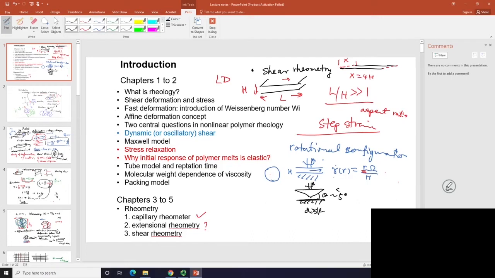It could be the other way around. The cone is fixed, the disk rotating. It doesn't matter. So this all achieves a shear, and this gives you a shear rate which is proportional to omega, the angular velocity. This is all in the book.